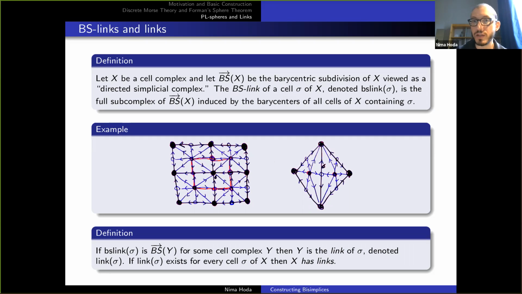And now, if you try to take the link of a certain edge, you would get the original homology sphere, but it would want to be plugged, and of course that's not a valid cell complex, because the boundary of a cell in a cell complex should be a sphere and not a homology sphere. So that's the sort of thing that can go wrong, and that's why we need this definition here.